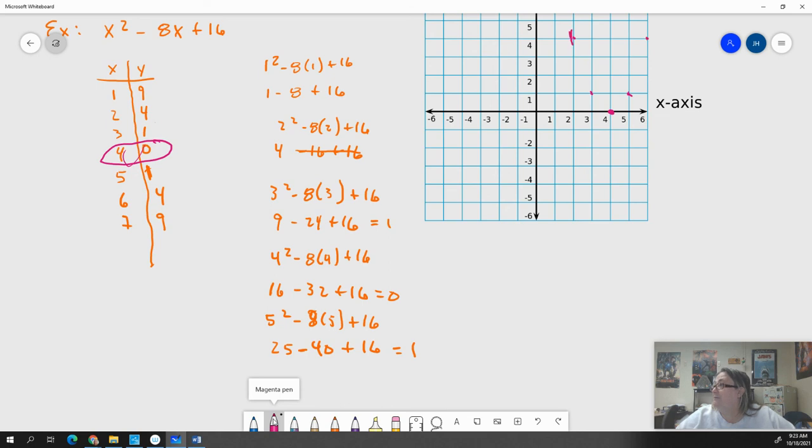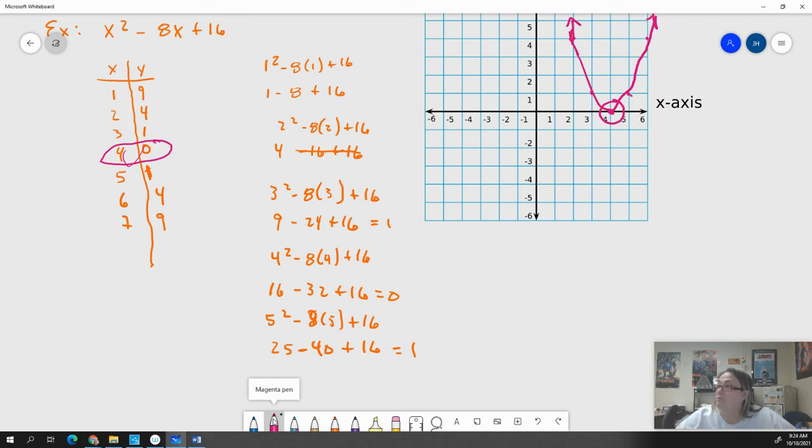Did you see me just completely miss that point right there? Right? And these are going to go on forever and ever with that smooth V. But we have our solution, right? Our solution is our vertex, right?